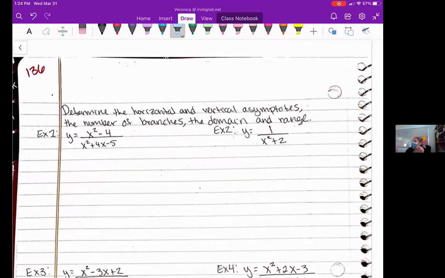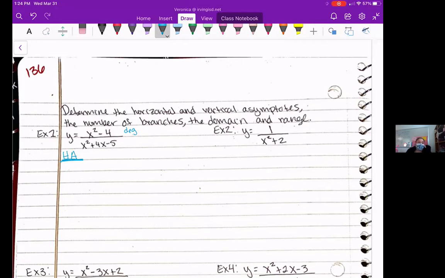I'm going to do horizontal asymptotes first, just because it's already in standard form. And to find the degree of the polynomial, that's really easy. All I have to do is look at the terms, right? So let's start with horizontal asymptote. So our horizontal asymptote, that's what we're going to find first. Okay. So we're going to look at our numerator, and the degree of the numerator is what?